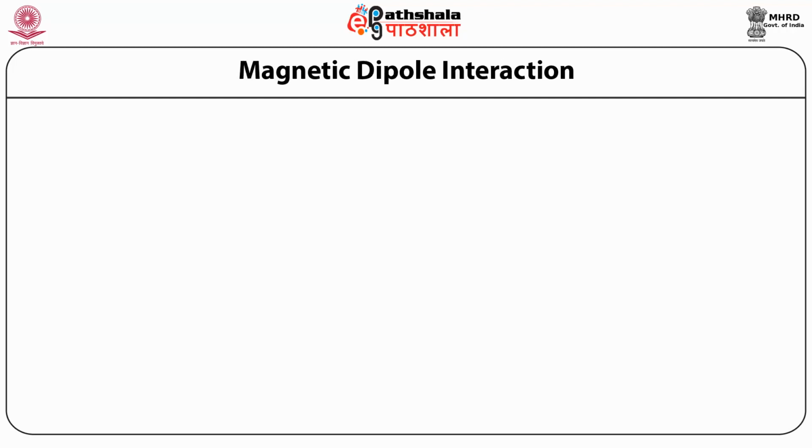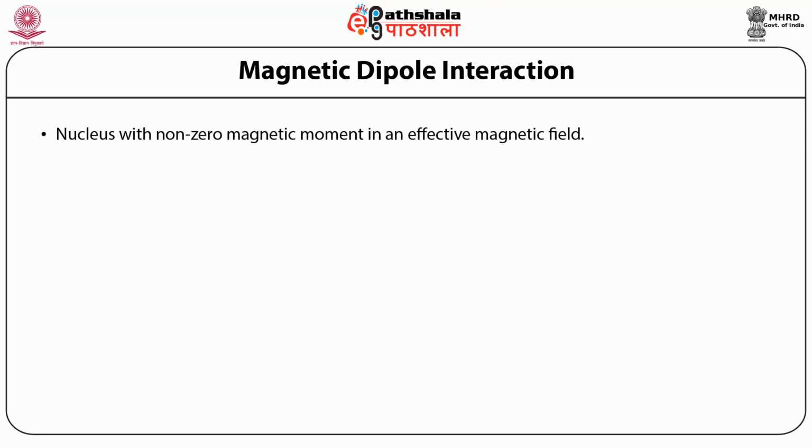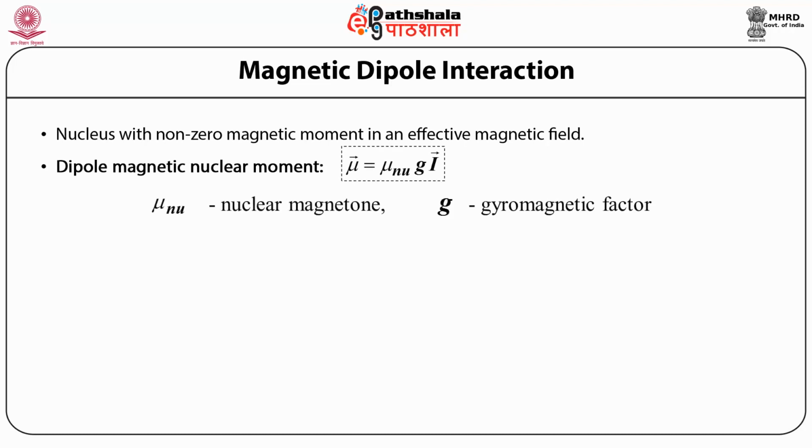Then the third interaction comes: the magnetic dipole interaction. I think this is a very important interaction, because it is linked with the magnetic moment of the nucleus. So a nucleus with non-zero magnetic moment in an effective magnetic field has a dipole magnetic moment, which is mu equal to mu g I. G is the gyromagnetic ratio, gyromagnetic factor, and I is the quantum number.